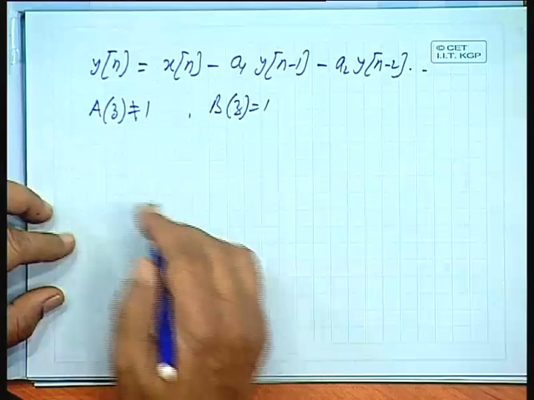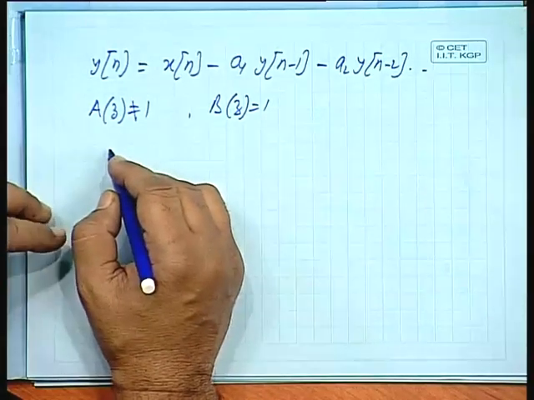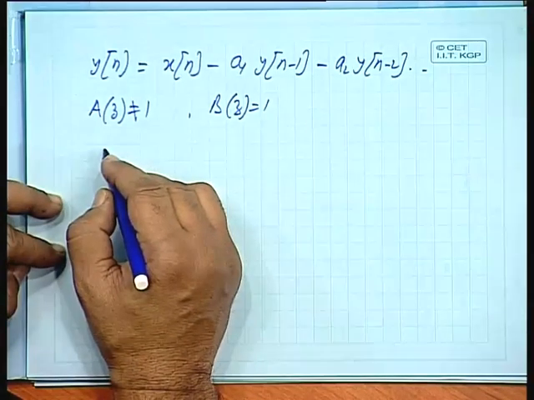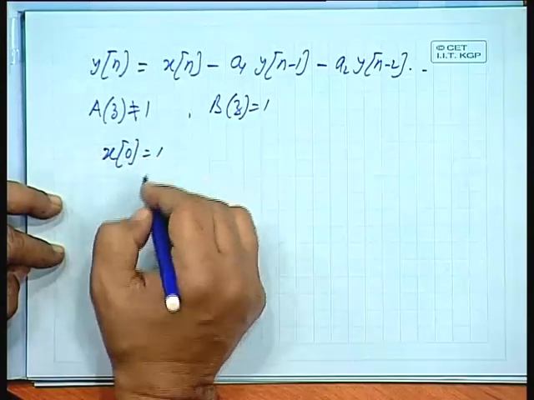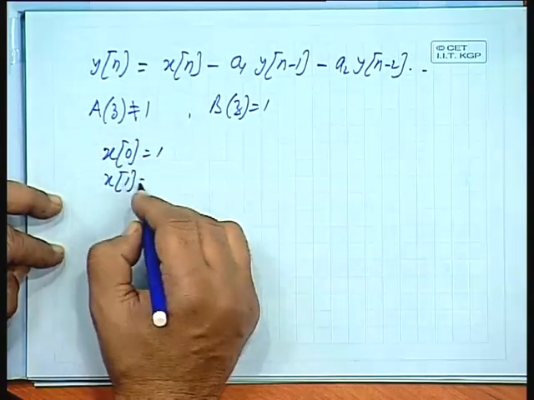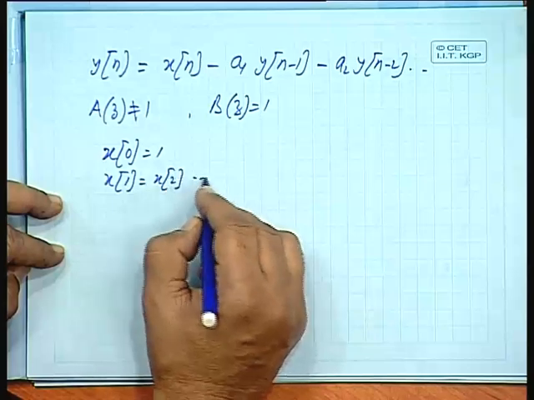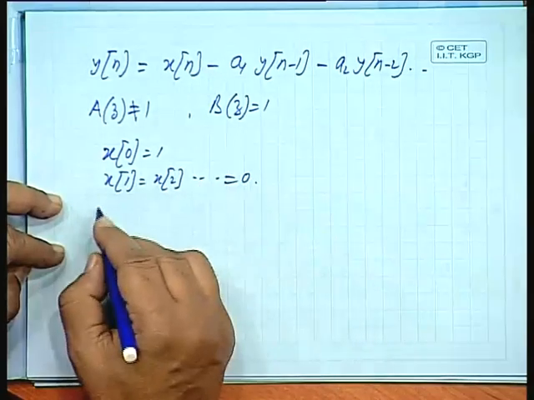Here you will find, even if I give a delta input, x0 is 1, x1, x2 and so on are all zeros, then what will be y0?